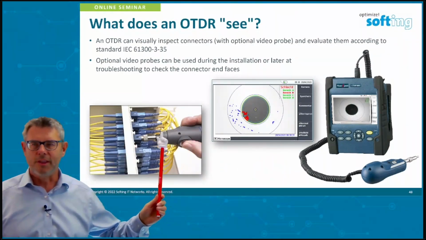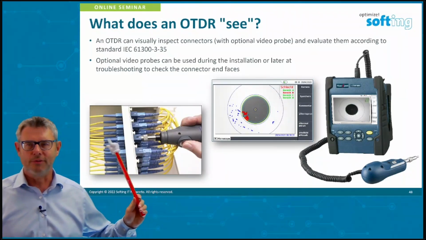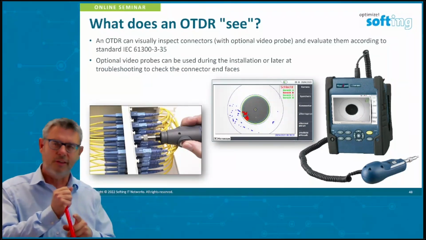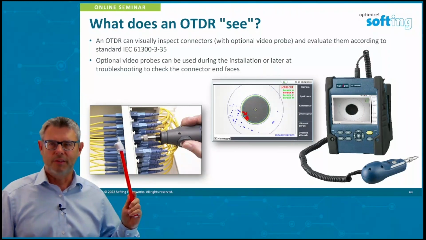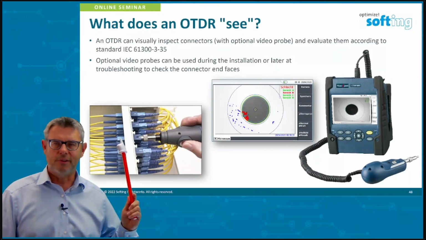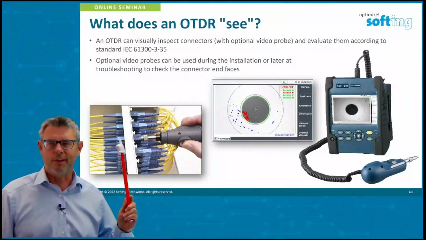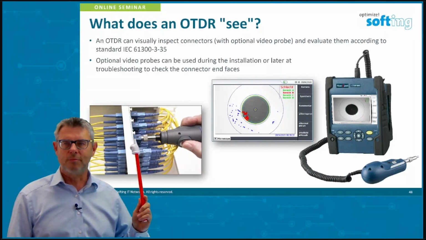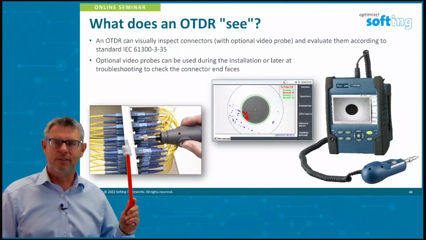Because you can also measure behind the couplers in a panel. A lot of people only have manual microscopes where you can just see a connector you directly plug in, like a patch cord, but they never have a chance to see the connector in the panel. So a lot of people never look into this one here, and this might be the troublemaker. There might be some little dust on this connector here.